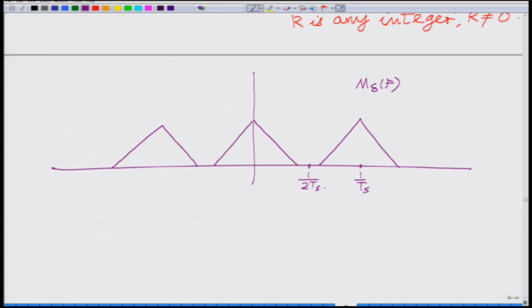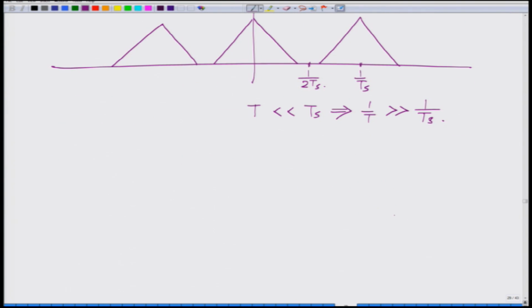Okay. And now we have T much less than Ts, which implies 1 over T is much greater than 1 over Ts, and therefore the first zero of the pulse filter will lie much beyond 1 over Ts.